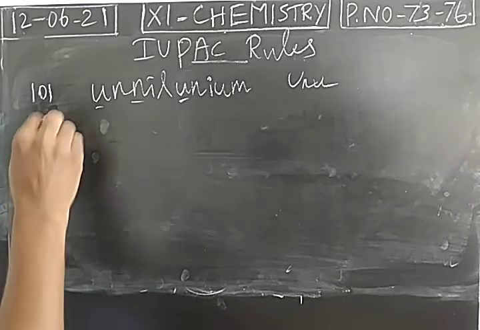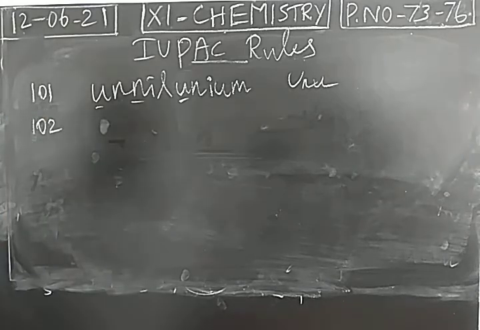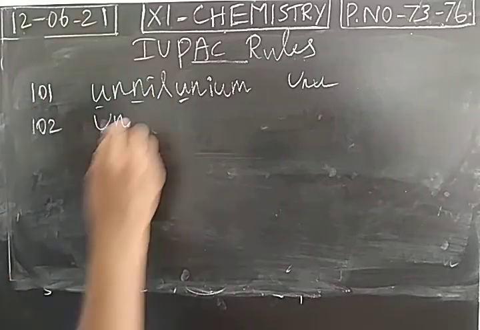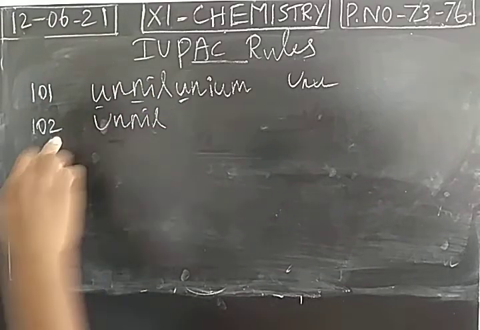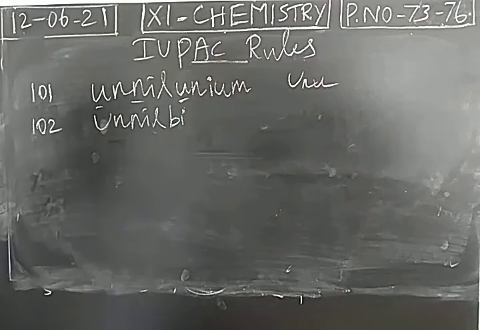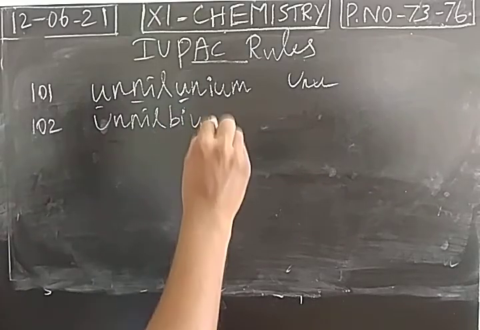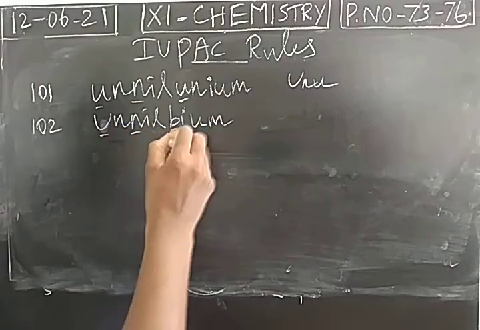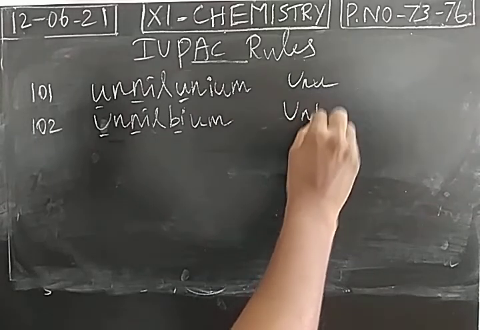Then take the element with atomic number 102. Unnil, 2 means root word bi. Suffix ium, so strike out one letter I. So this is unnilbium. What is the symbol? Unb.